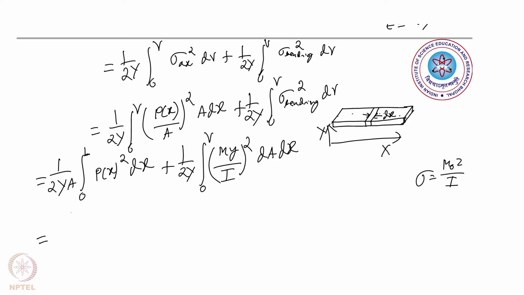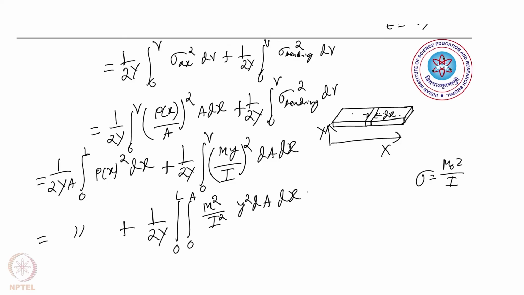Now this part is the same, I keep it like that, and for this part 1 by 2Y, this volume integral I can break into two parts. One is a line integral 0 to L and another is a surface integral 0 to A, okay. And then we have M square by I square y square dA into dx.